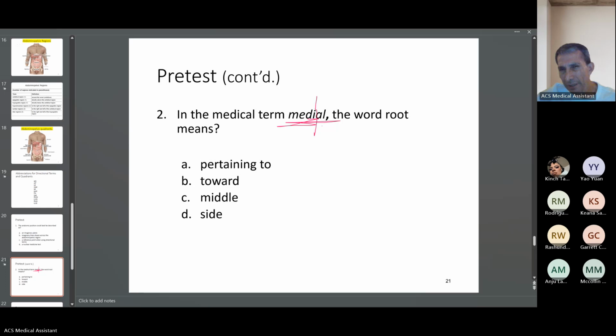AL is the suffix. Medi is the root. So what does the word root mean? That's what it's asking you. I'm helping you out because I want you to do well on this later on.